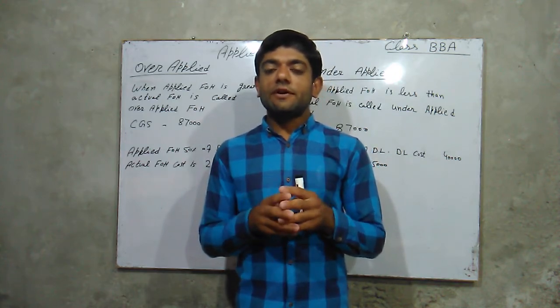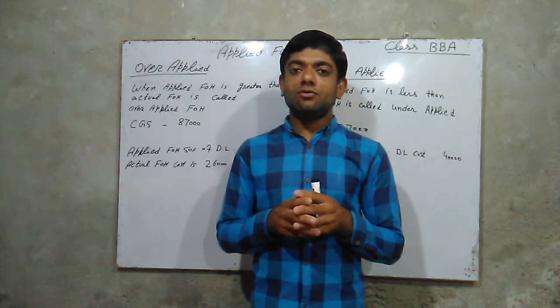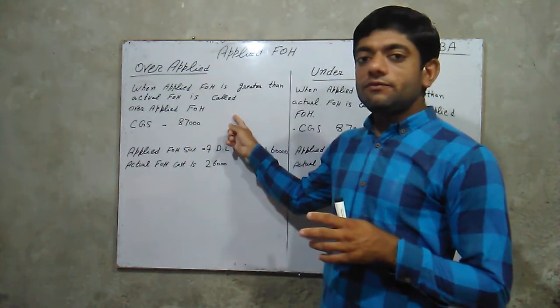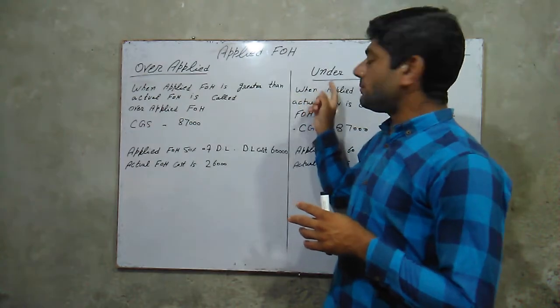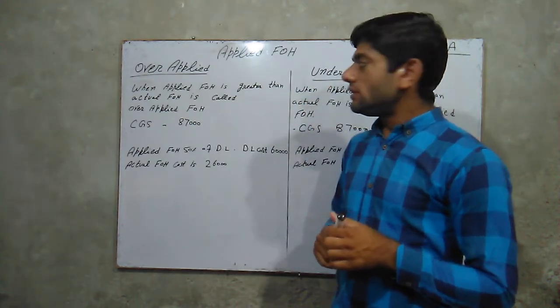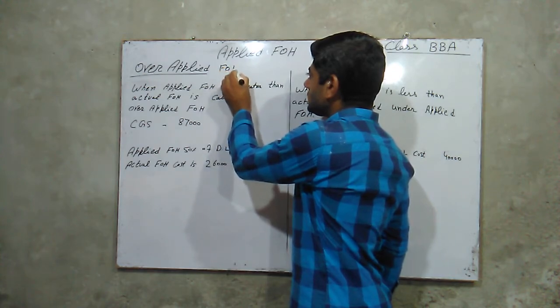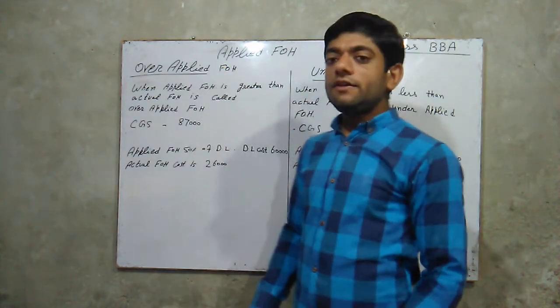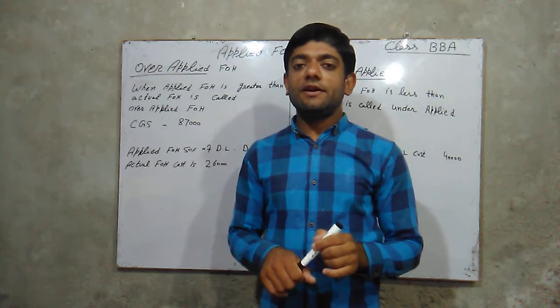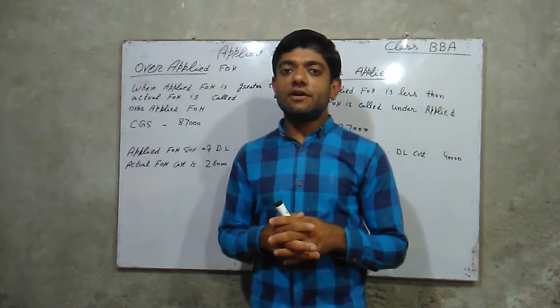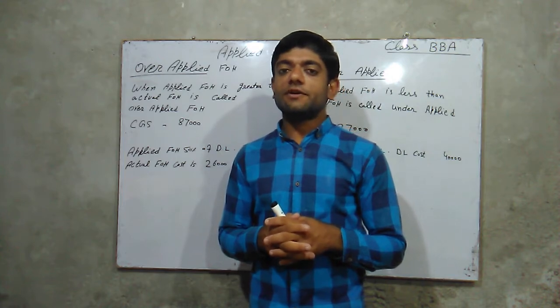So applied factory overhead is divided into two categories. One is overapplied and the other is underapplied. Overapplied FOH means when applied factory overhead is greater than actual factory overhead.